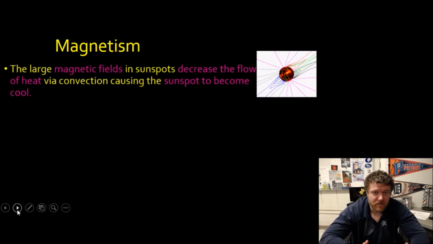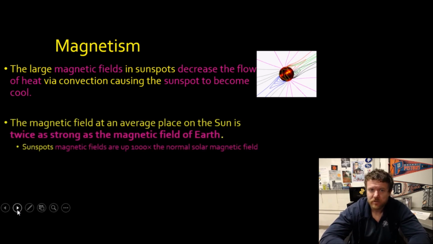We've mentioned that sunspots happen because the intense magnetism slows down those convection currents and causes the material at the top to get a little bit cooler and therefore darker. On average, the magnetic field of the sun is about twice as strong as the magnetic field on planet Earth, if you just picked a random spot on the surface of the sun.